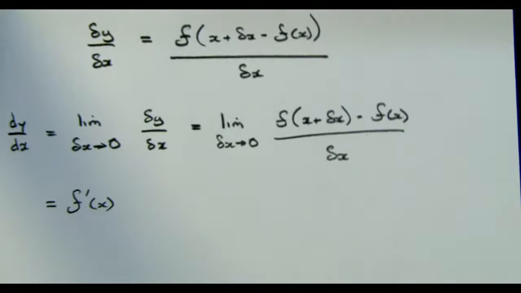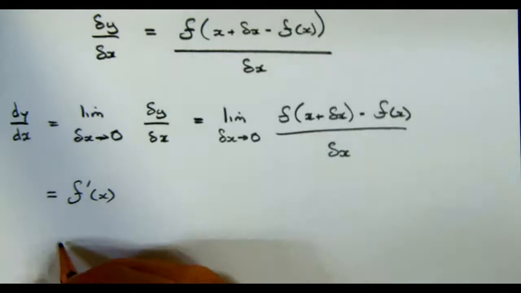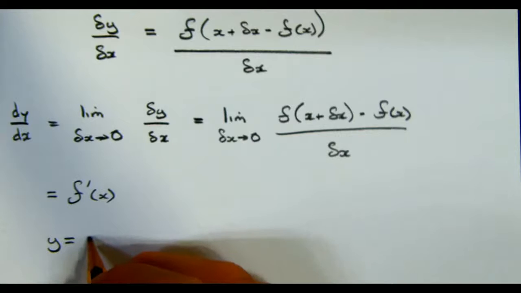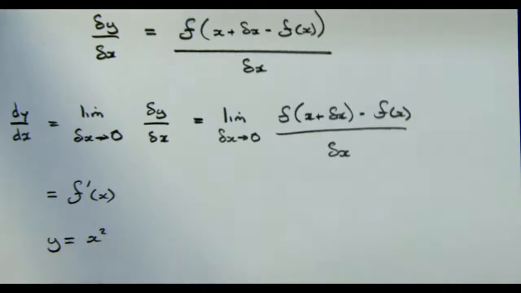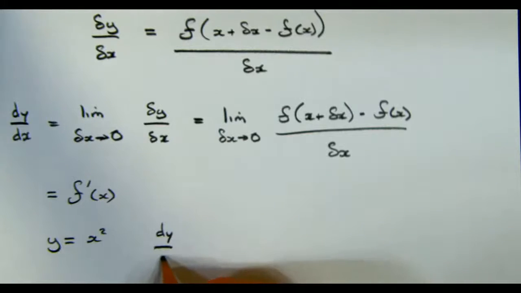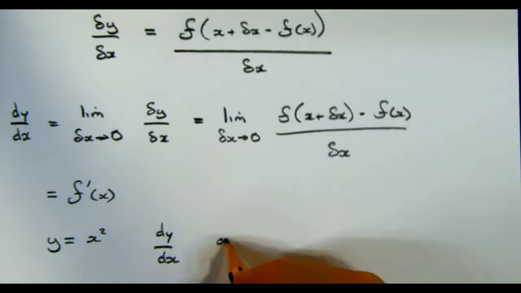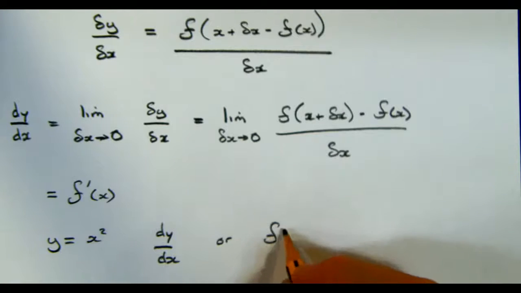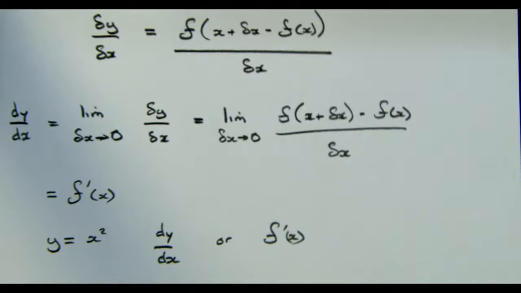So we can see that when we differentiate, sometimes they'll give you y equals some sort of function of x, and they will ask you, can you find dy by dx, or they may ask you to find f prime of x.